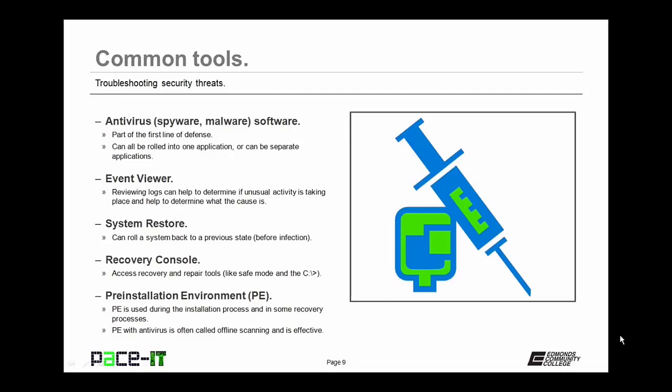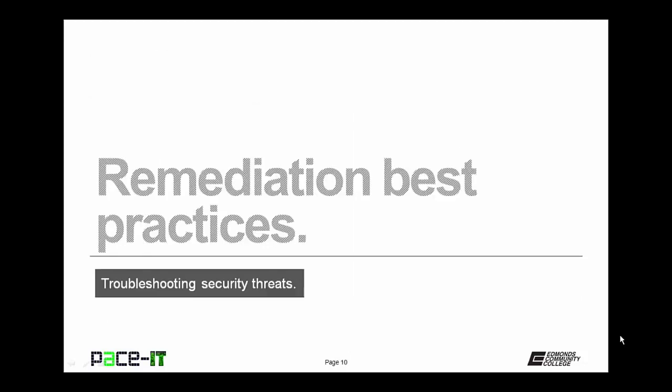The pre-installation environment is used during the installation process and in some recovery processes. Using the pre-installation environment in conjunction with antivirus is often called offline scanning, and it is highly effective in removing an infestation.